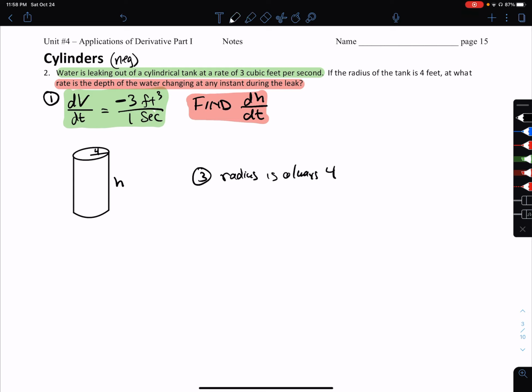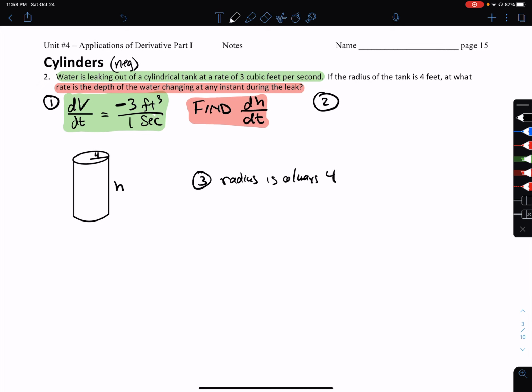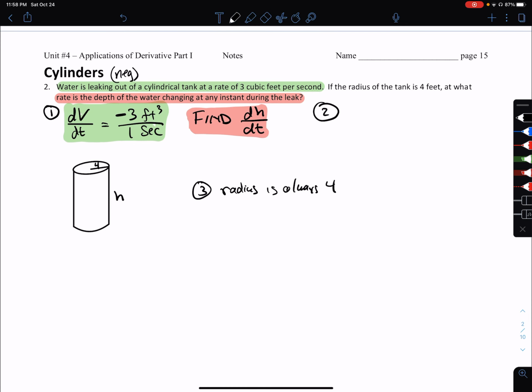Step 2 was to define any variables that we have. So just looking at, I got volume, I got time, I got height, I got time again. So V is volume. We're told that was measured in cubic feet. H is height.